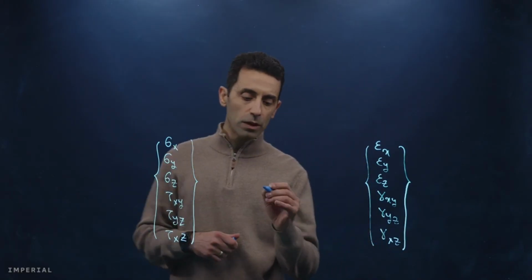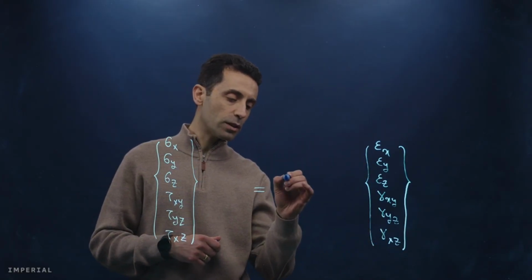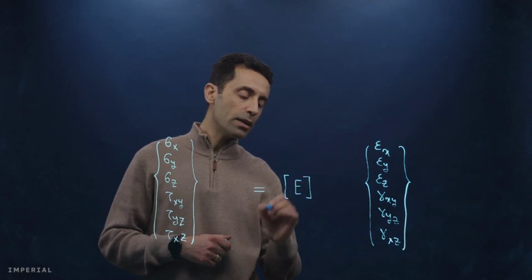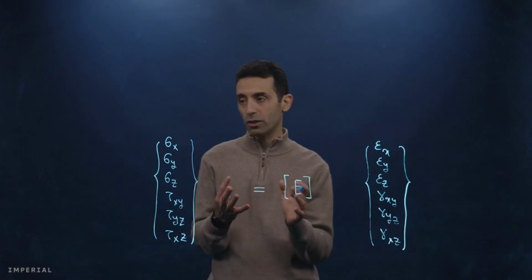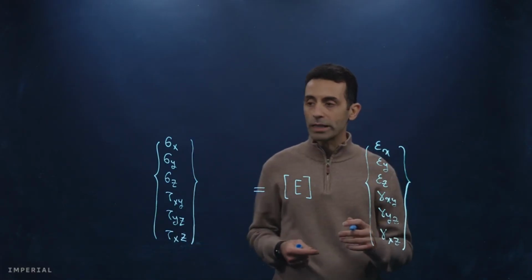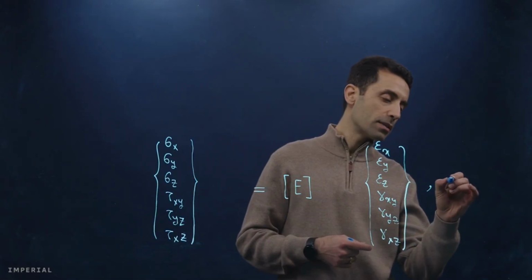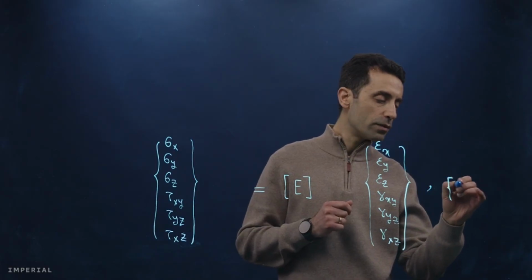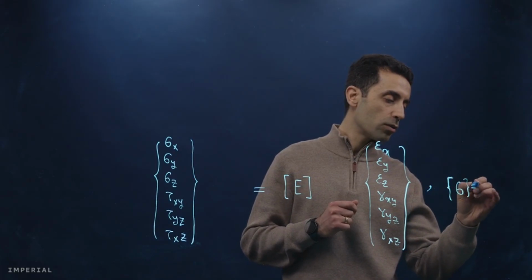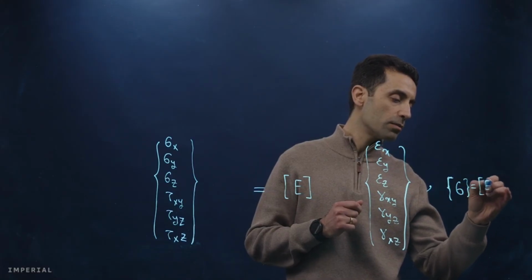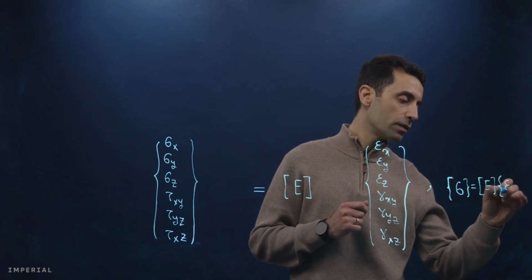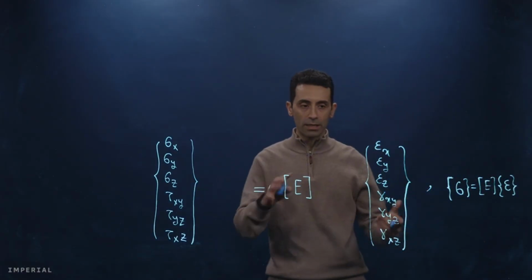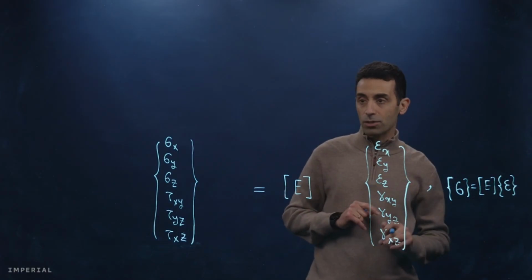So in general, we write that function like a matrix E, which is our constitutive equation, okay? Or we can write this as the vector of stresses equals our constitutive model times our vector of strains, okay? So that is how we would link our stress with our strain.